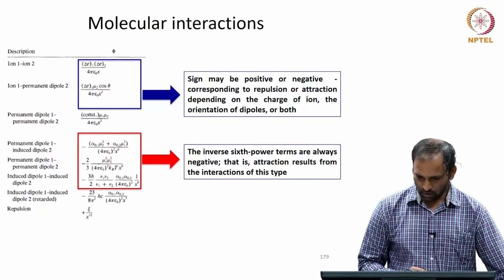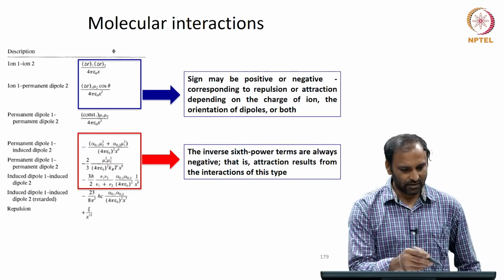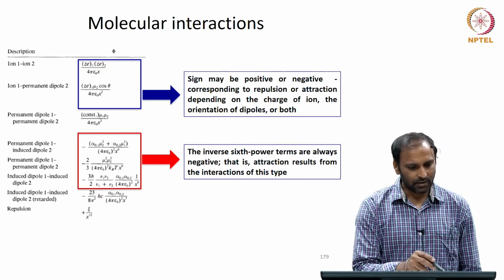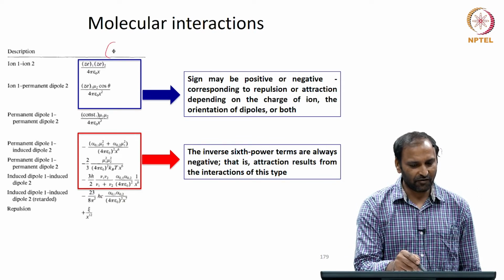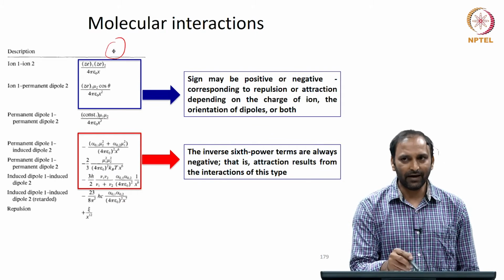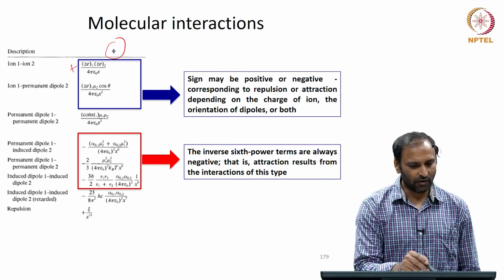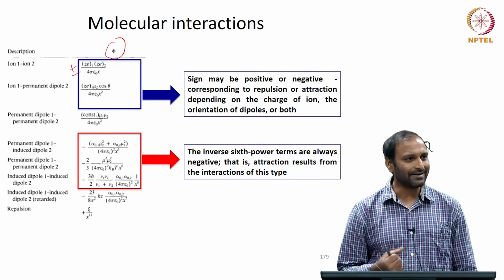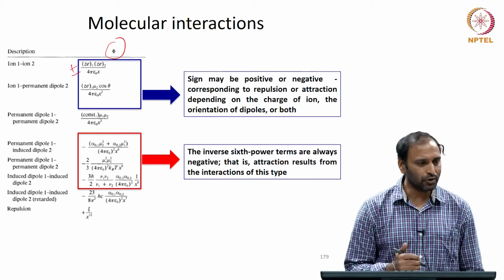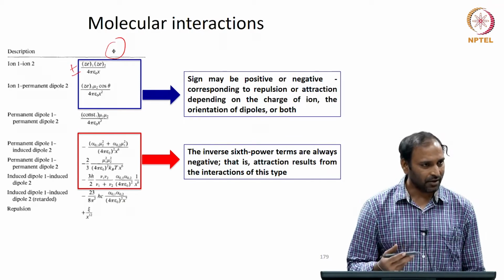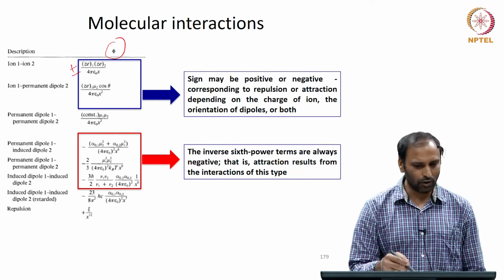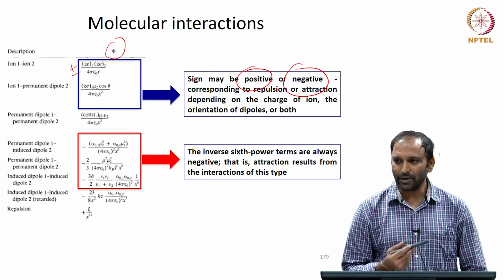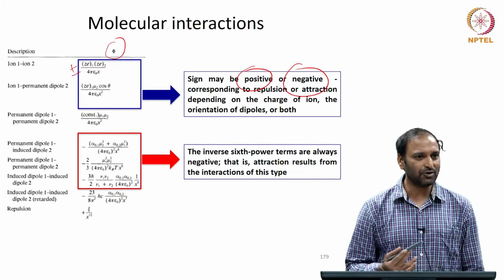Now, this is again the same table. You know the expressions for phi; this phi can be either positive or negative. That means the interaction can be either repulsive or attractive, depending upon whether you are dealing with ions of the same charge or opposite charge. Therefore, in the table that I showed, there are some entries whose sign may be positive or negative; it depends on the kind of ionic species you are dealing with.